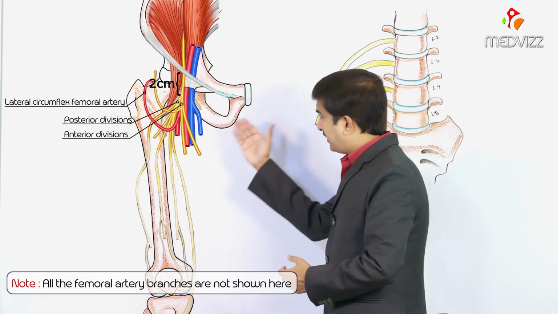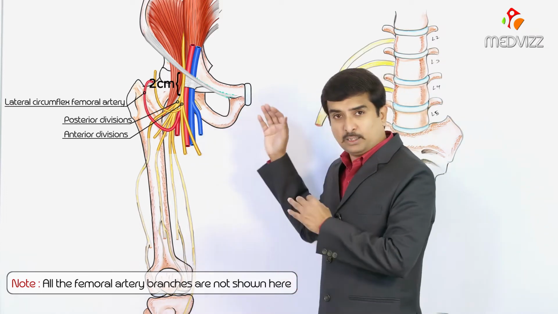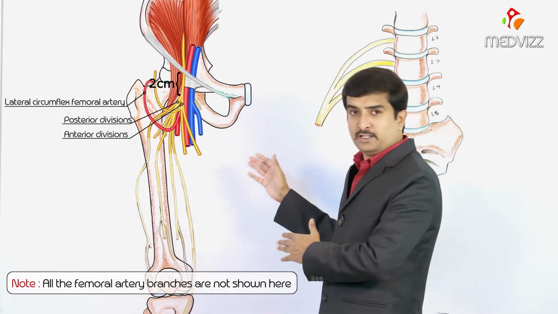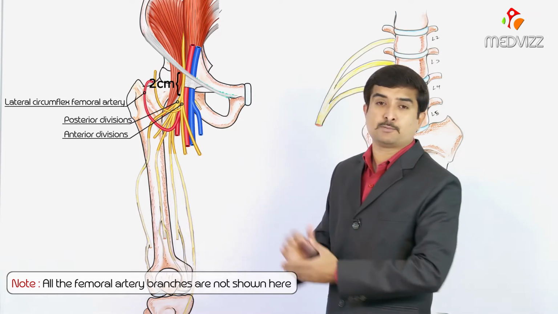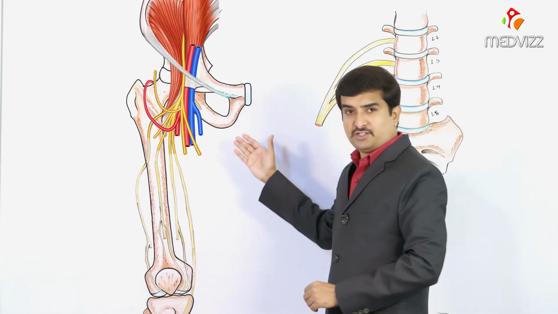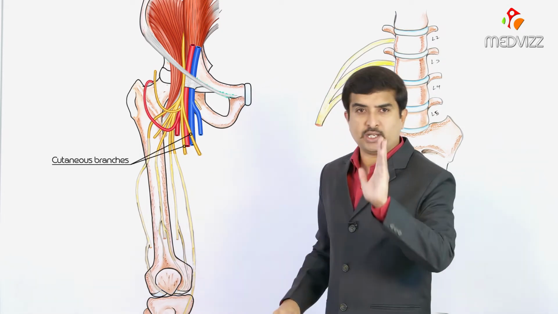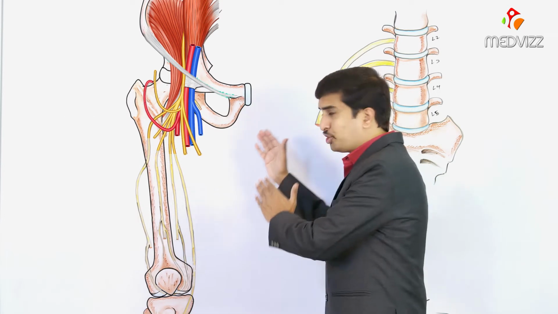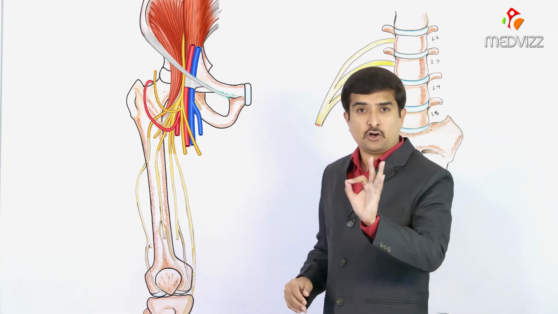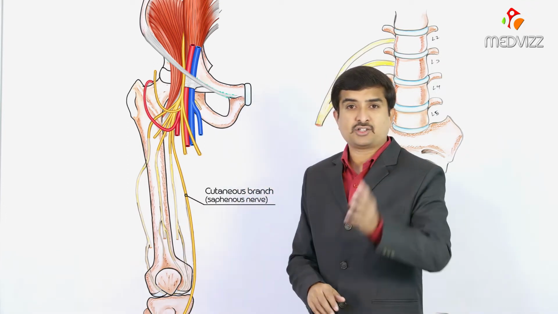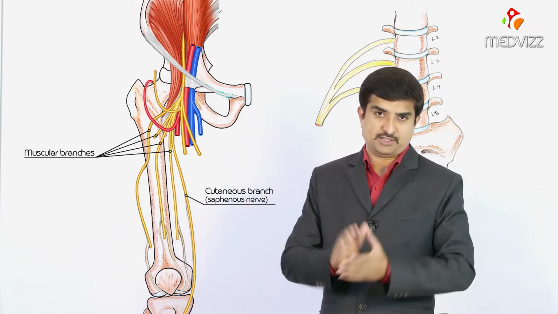So the lateral circumflex femoral artery is the one which splits the femoral nerve into anterior as well as posterior divisions. Here the anterior division gives off 2 cutaneous branches as well as 1 muscular branch, and the posterior division gives off 1 cutaneous branch, which is the saphenous nerve, and 4 muscular branches.